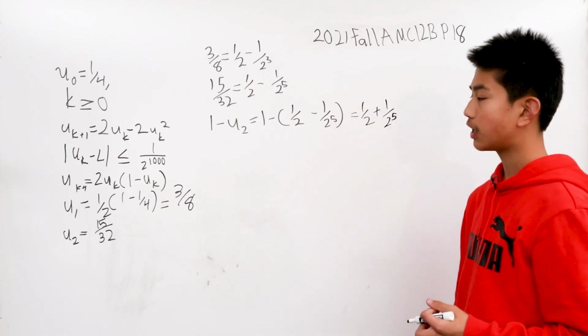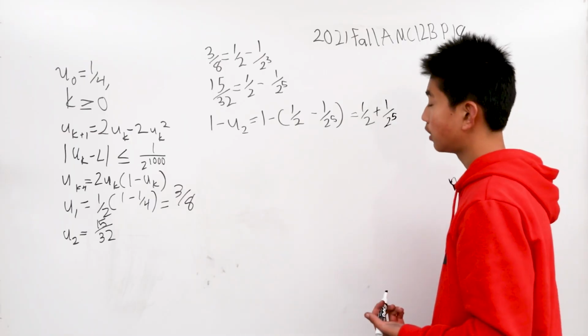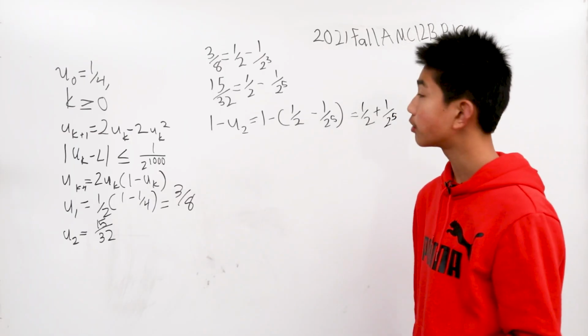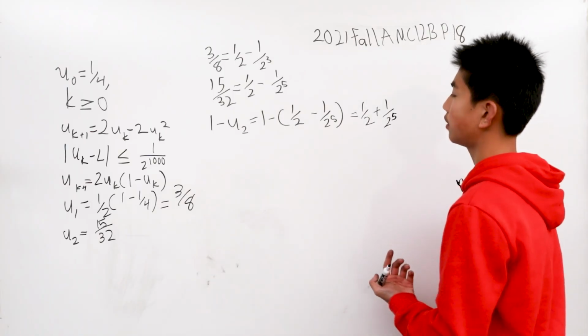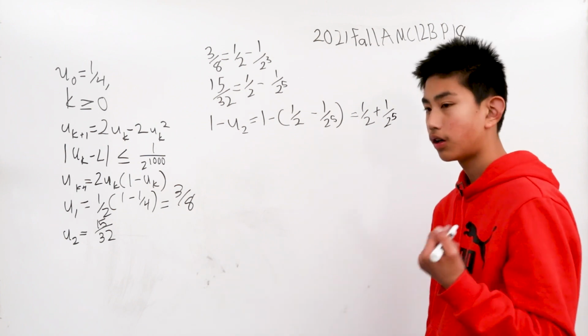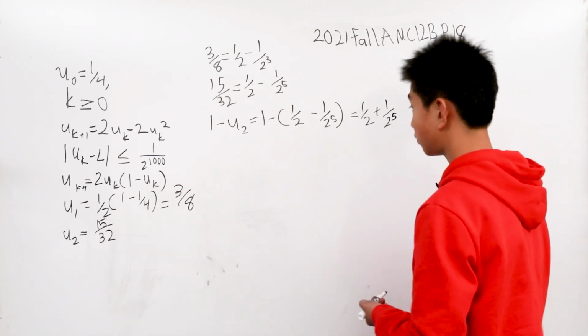And why is this value desirable? Well, this is because we want a value that's really close to 1/2, and it gets infinitely close to it. So we can use this as a value for what we have over there.